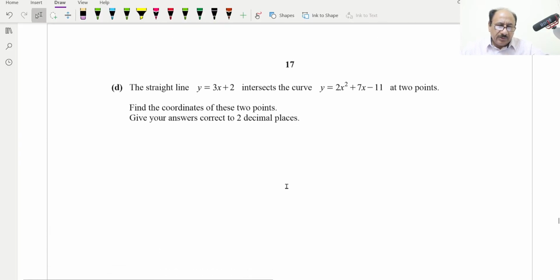Now D part. D part is the straight line y is equal to 3x plus 2 is provided, and the curve is this one, and we have to find the 2 points of intersection, find the coordinates of the 2 points, and answer in 2 decimal places. So for points of intersection, we are basically equalizing.